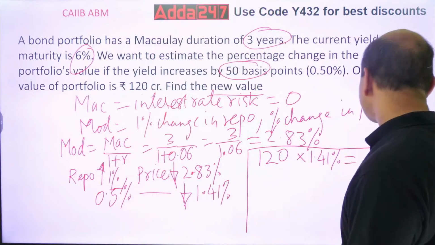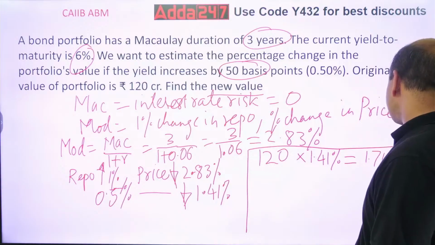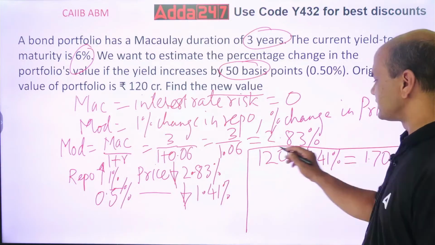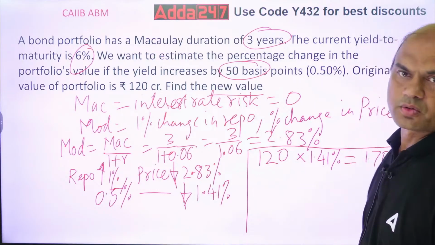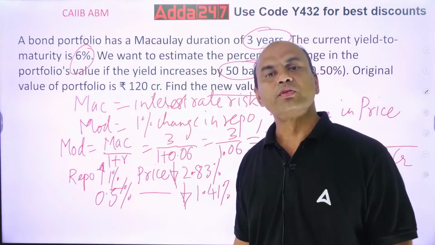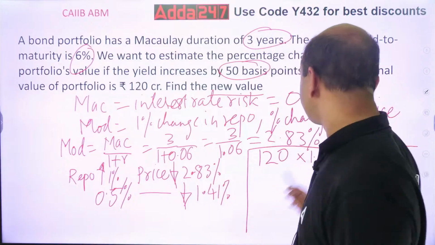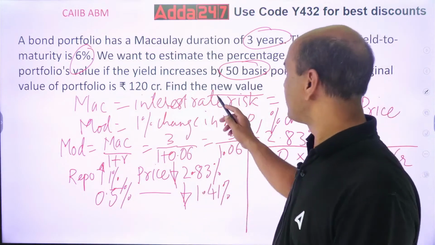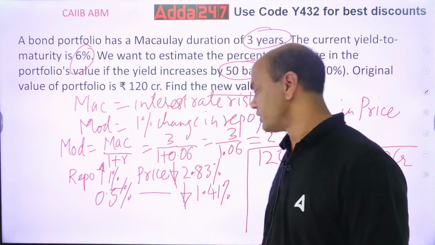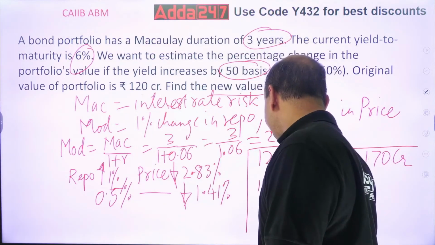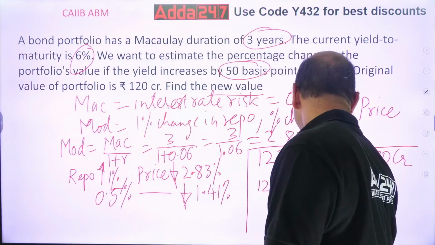So it will fall 1.70. This is what? Crores. Because this was in crores. So this is in crores. 1.70 crores. Got it, everyone? So the value of my portfolio will fall down by 1.70. But what am I asked? Find the new value. So new value will be 120 minus 1.70.